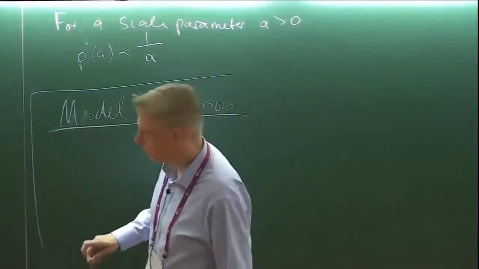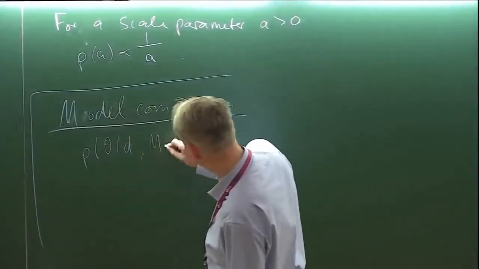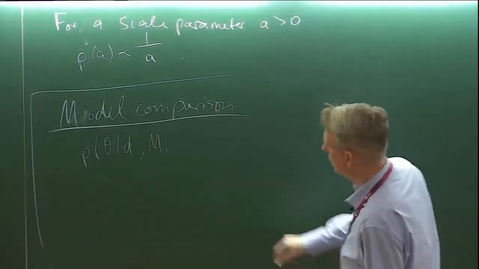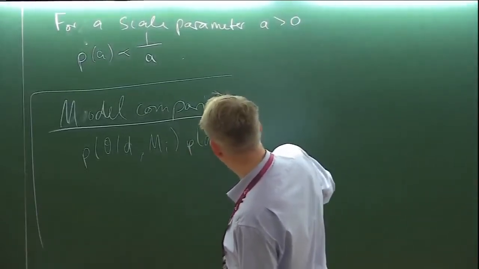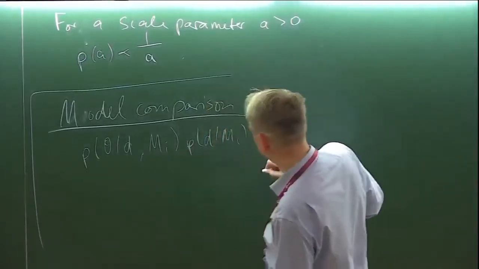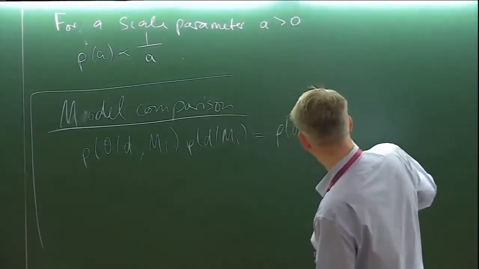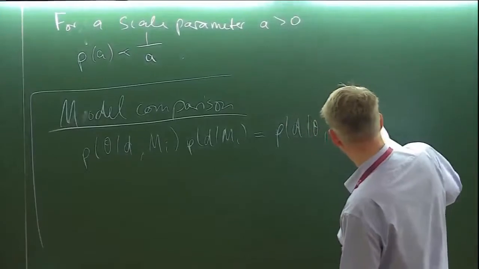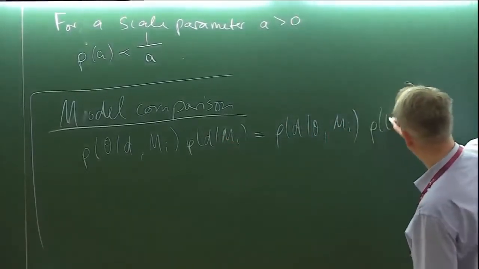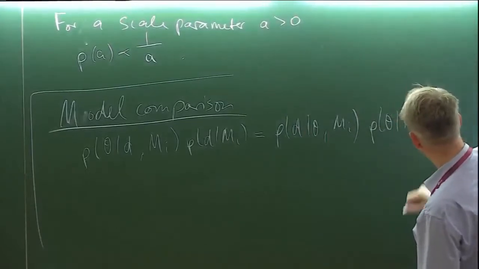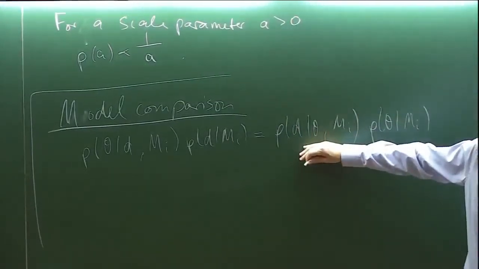Let's rewrite Bayes' theorem. We had P of theta given D, but I'm now going to put in the fact that I could write this for several models. So I'm going to condition everything on the model that I work with. Just add explicitly behind the conditioning bar that my prior choice depends on the model, my likelihood can depend on the model.